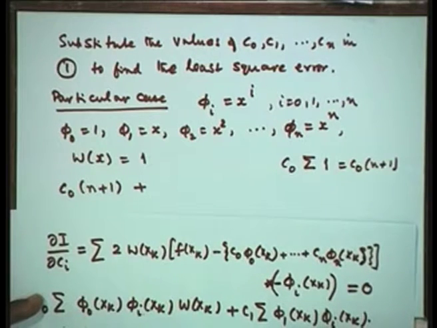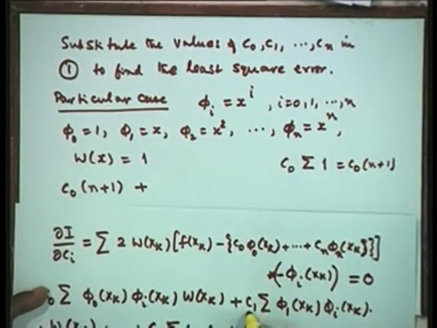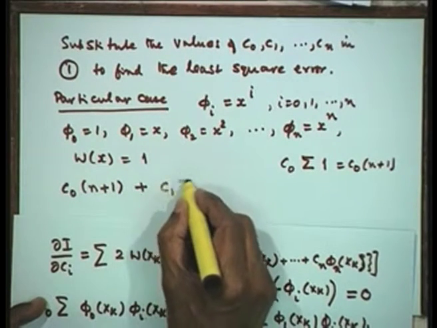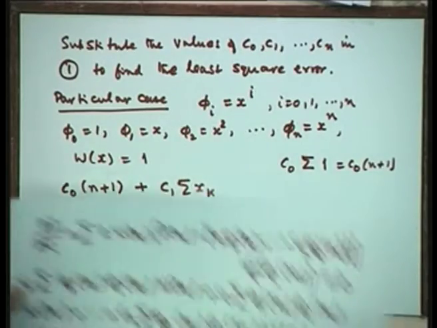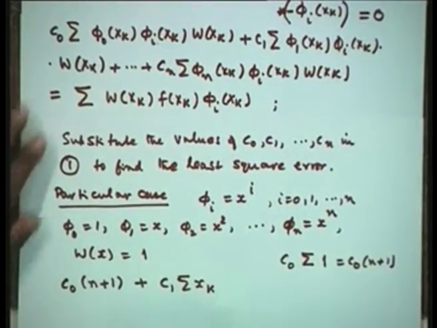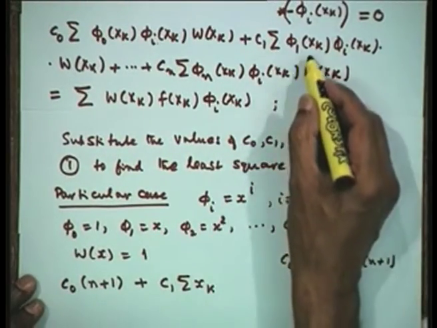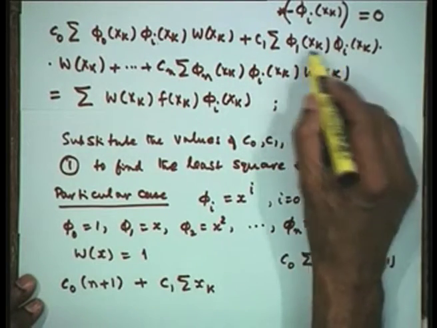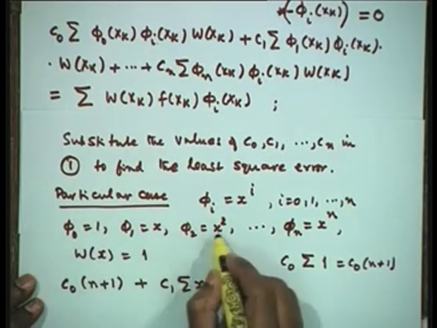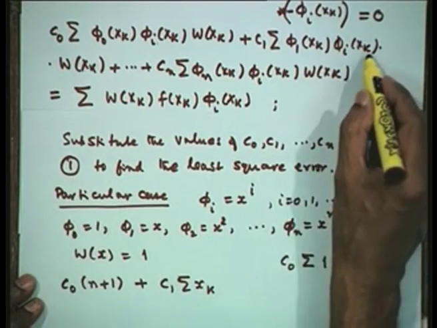Then, taking the case i is equal to 0, this is 1, this is x and this is C 1. Therefore, plus C 1 summation of x k. Now, if I take the next term, this will be C 2, phi 2 multiplied by phi 0, that is x square, that is x k square.